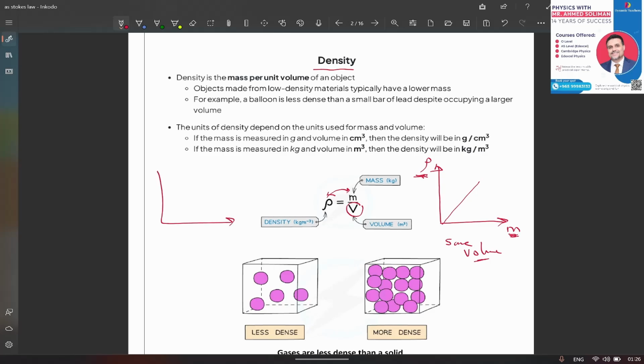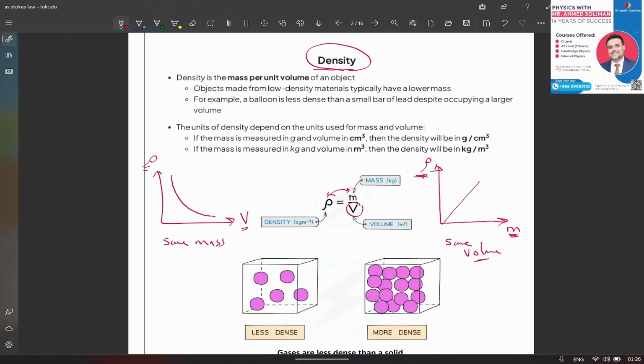But for the same mass, what is the relationship between density and volume? It's inversely proportional. As volume increases, density decreases. Now, density itself for the material will be the same.